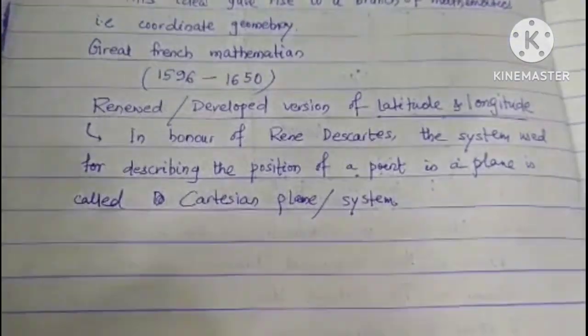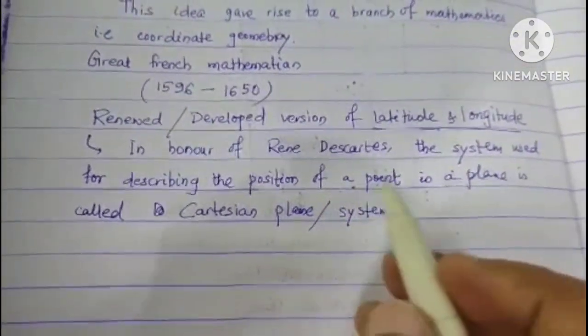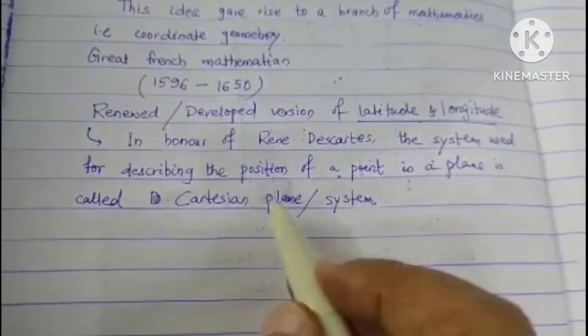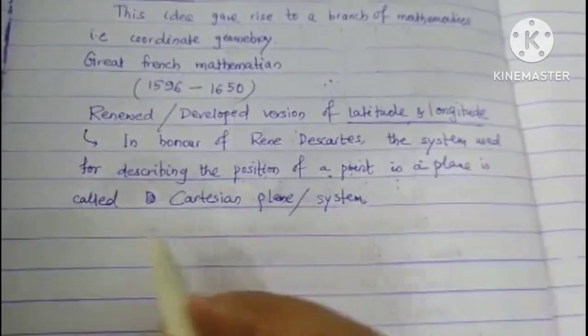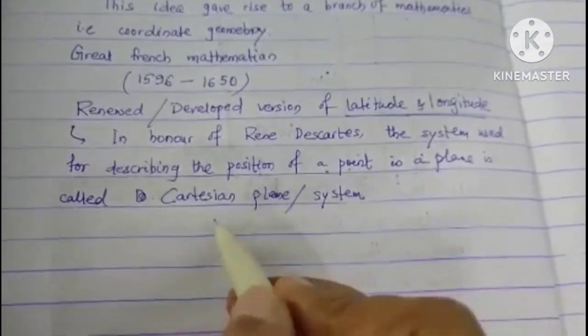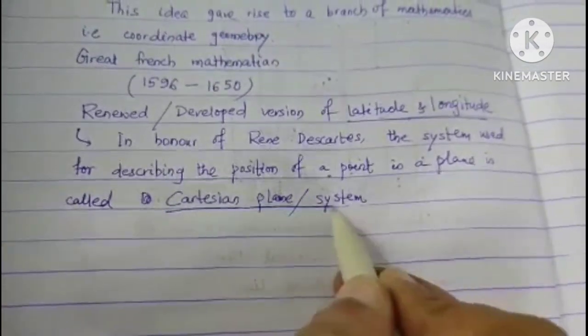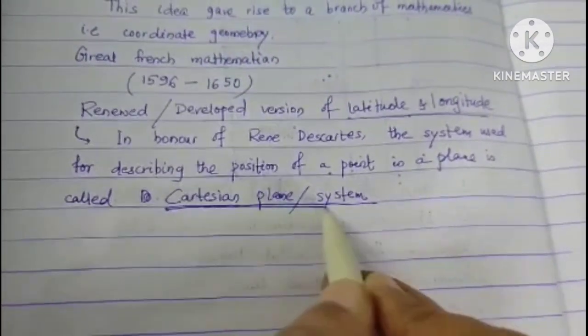In honor of Mr. René Descartes, the system which was used for describing the position of the point in a plane was called the Cartesian system, which we are going to study in this chapter.